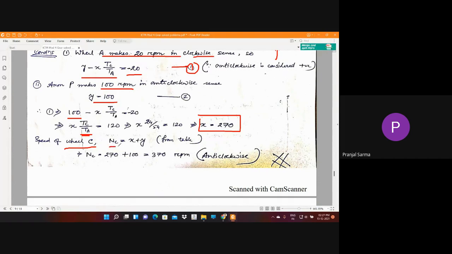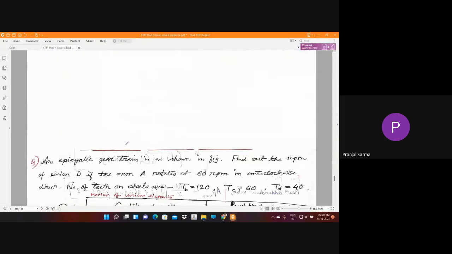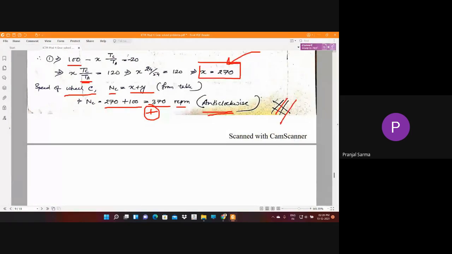Nc is nothing but x plus y. We have the value for x and also for y. By putting them, Nc equals 270 plus 100, that is 370 rpm. And as it is positive, positive means anti-clockwise. So this completes this particular problem.